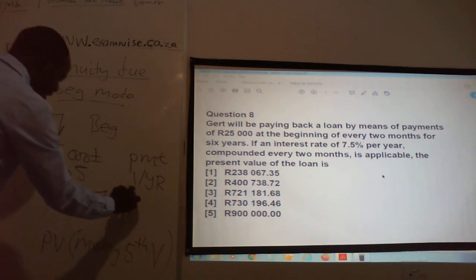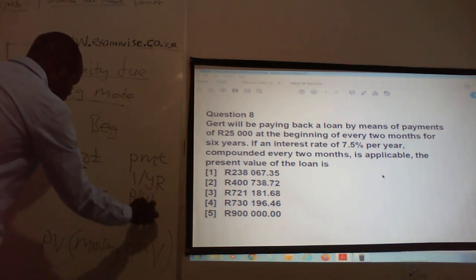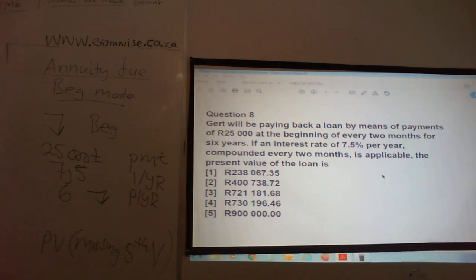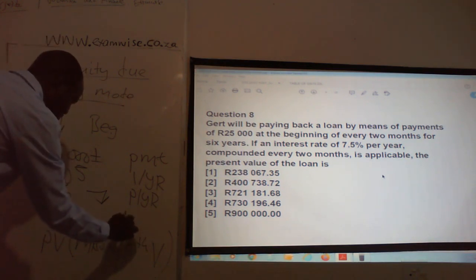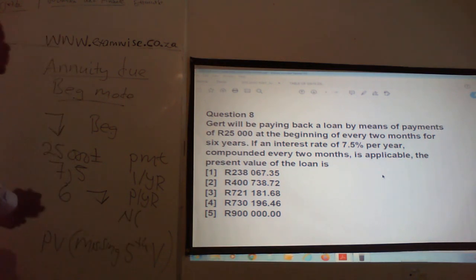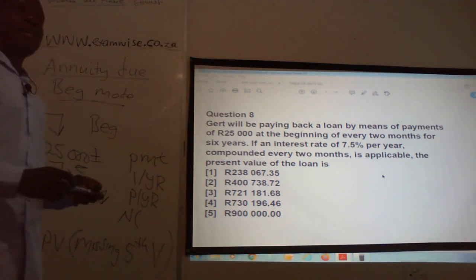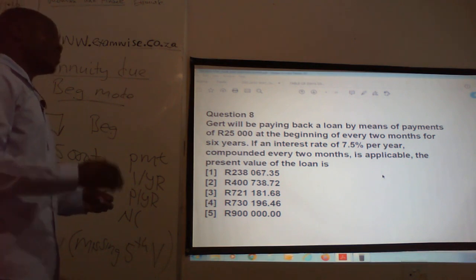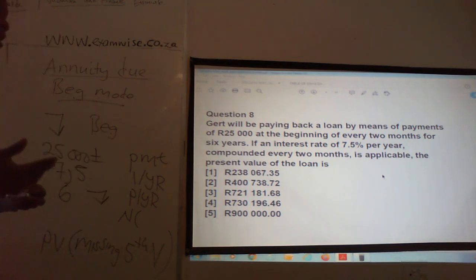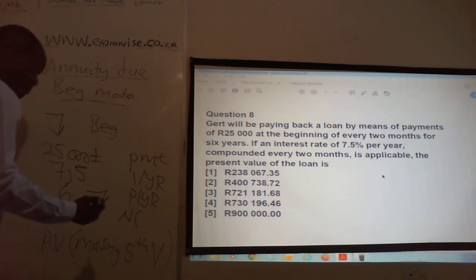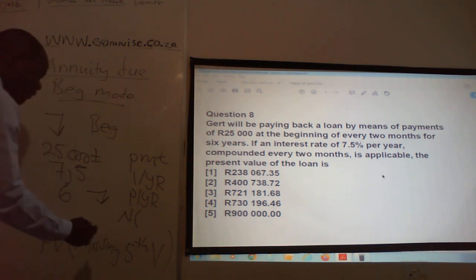Then we said down arrow, and then here we have P over YR. So here we are now having 3 variables, and we are left with our last variable. Automatically here it will be our N. And if you still remember, I emphasized that if interest is compounded more than once per annum, our N is no longer the number of years, but it will be the total compounding periods for the whole investment period.